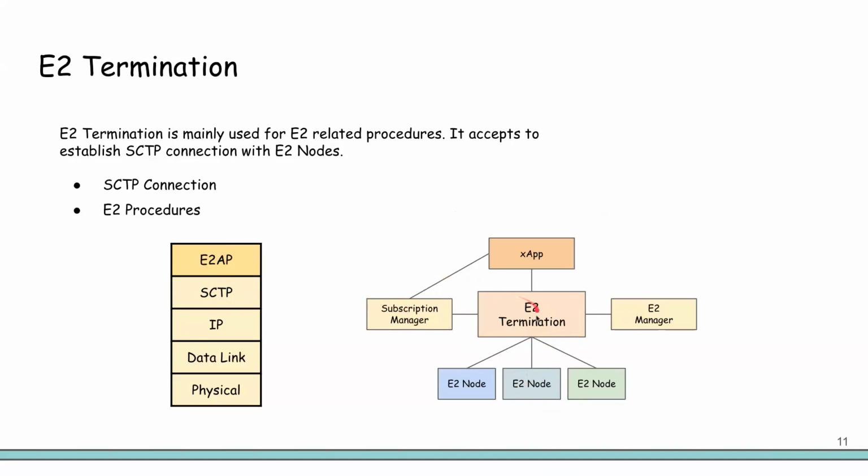Okay, so E2 termination is important for the E2 interface because it is the termination in the Near-RT RIC for E2. Other components in the Near-RT RIC platform may use the RIC Message Router to communicate with E2 termination to forward E2 messages.